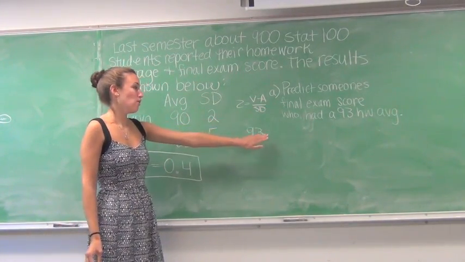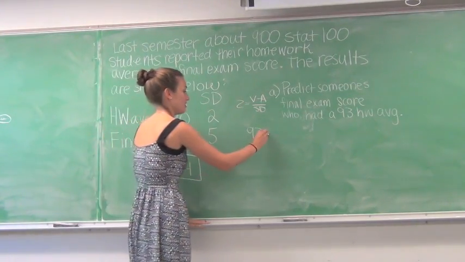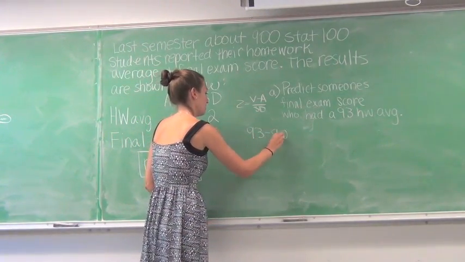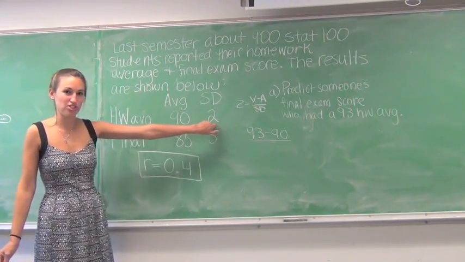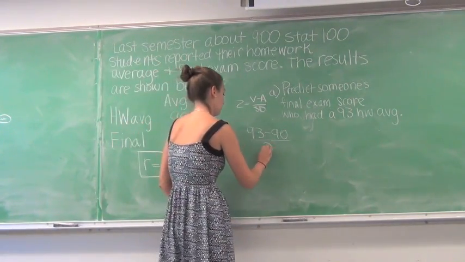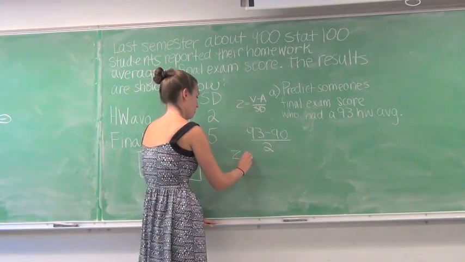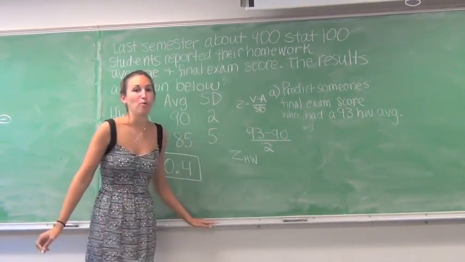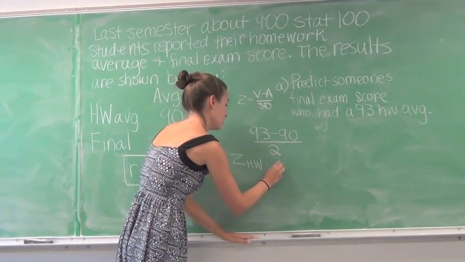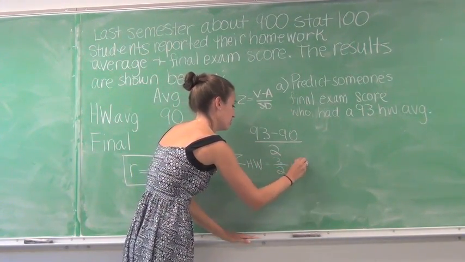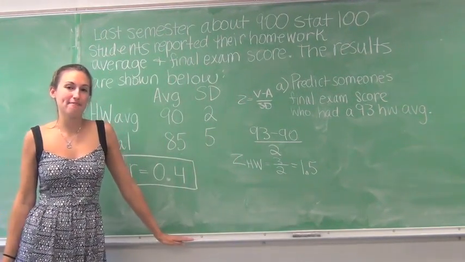So for homework average, we see that the average right here is 90, so our value minus the average over our standard deviation, which is 2. So this is for our z-score for homework. So 93 minus 90 is 3 over 2, so that z-score is just 1.5.